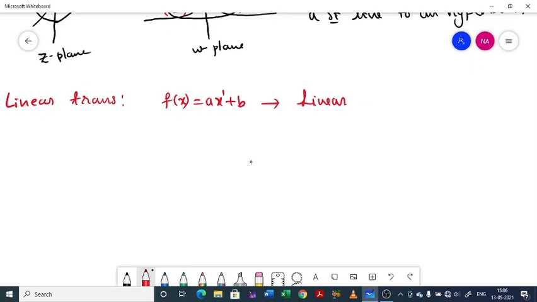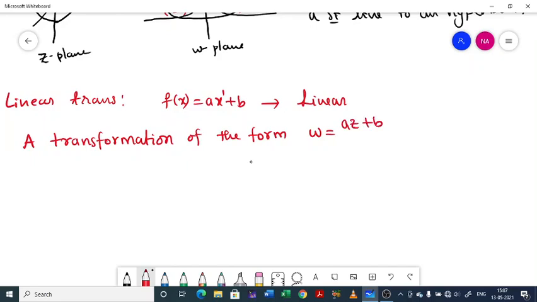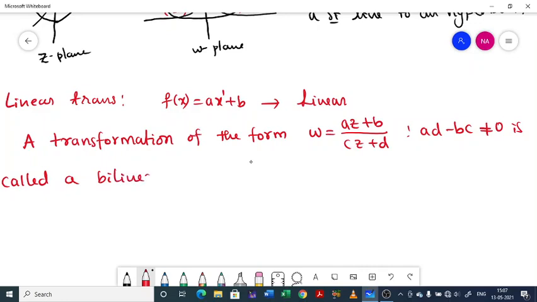A transformation of the form w equal to az plus b divided by cz plus d, where ad minus bc is not equal to 0, is called a bilinear transformation, or Mobius transformation.